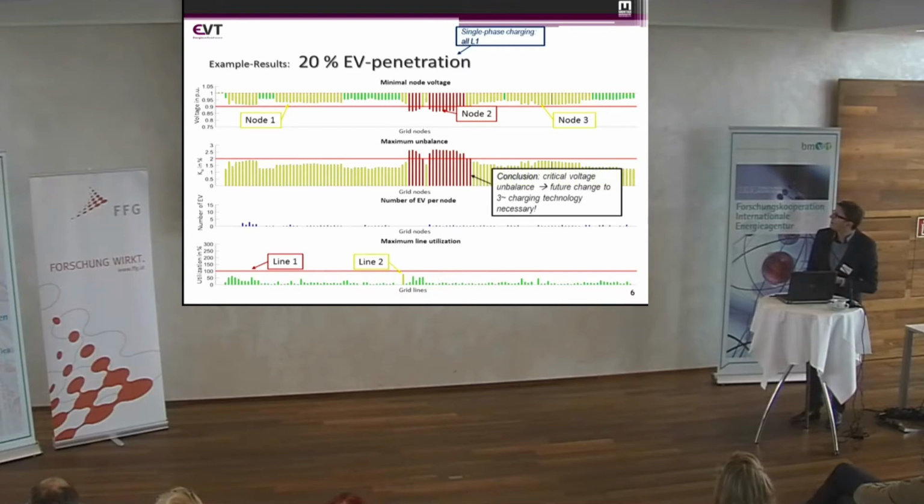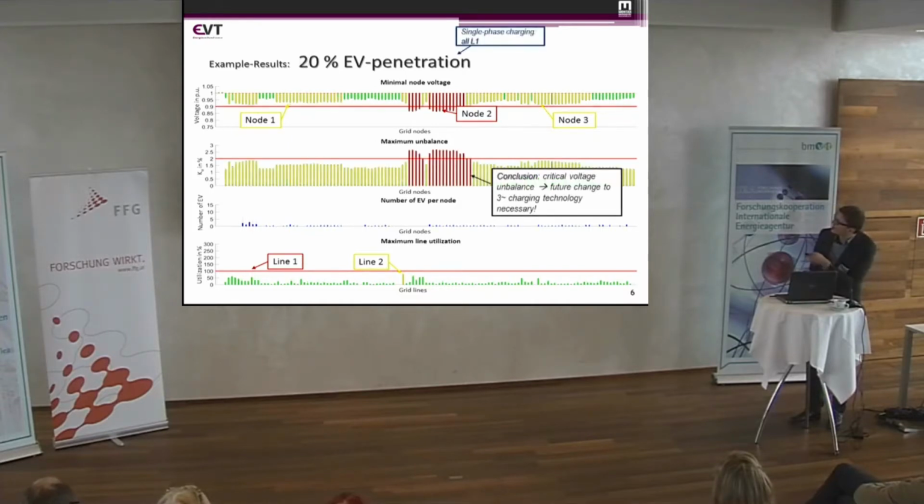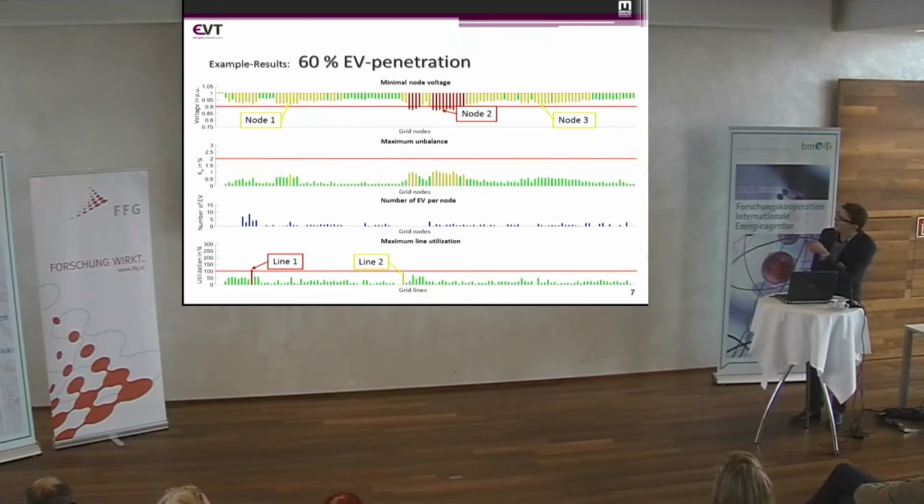When we change charging to equally distributed charging, then you see that this unbalance problem is no longer here, even in the case when we have an EV penetration of 60%.